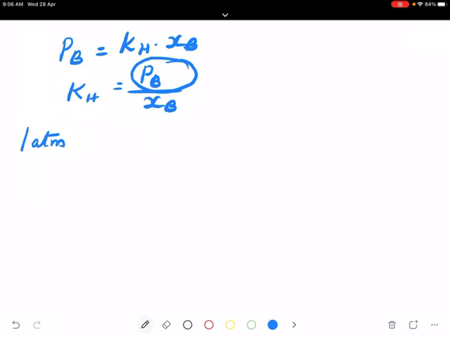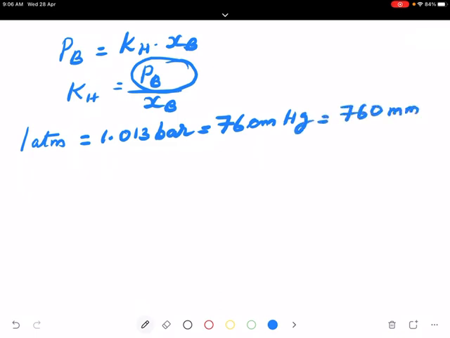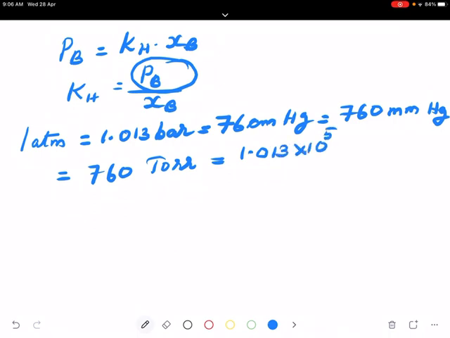You can express the pressure of a gas in atm. 1 atm you can also express in terms of bar: 1.013 bar, which is equal to 76 centimeters of mercury, which is equal to 760 millimeters of mercury, which is equal to 760 torr, which is equal to 1.013 into 10 to the power of 5 Pascal.